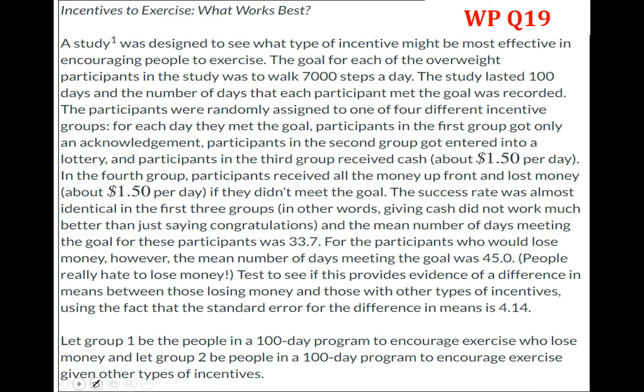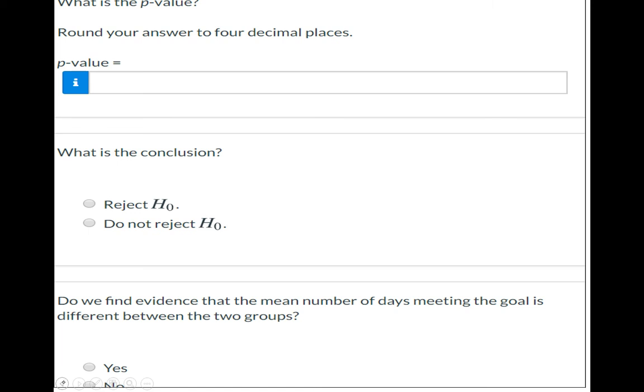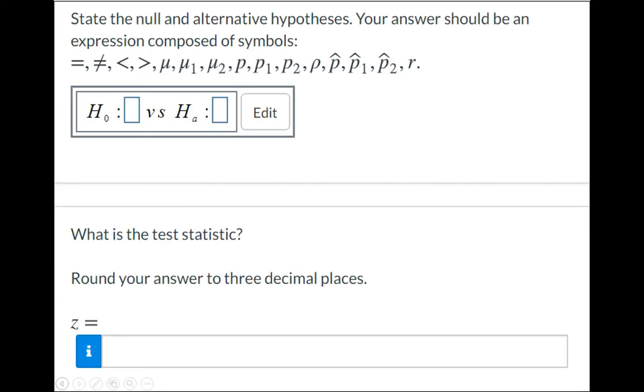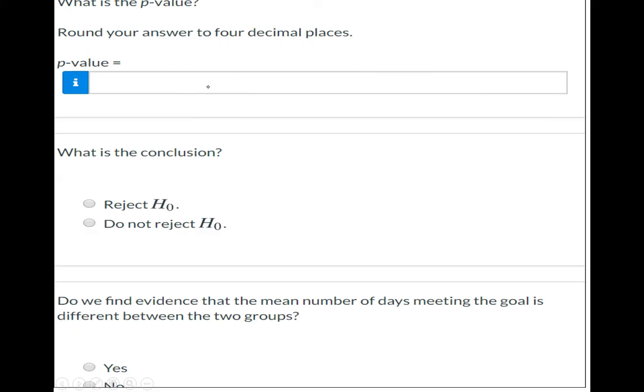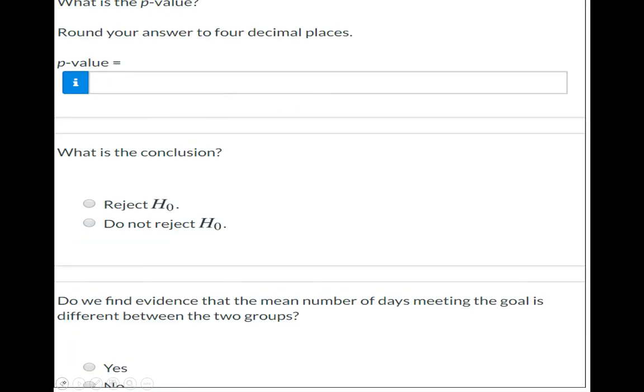I'm going to skip this one. I went just a little too far. When you go into Wiley questions that have these different symbols that you have to pick from up top, it keeps moving on me.